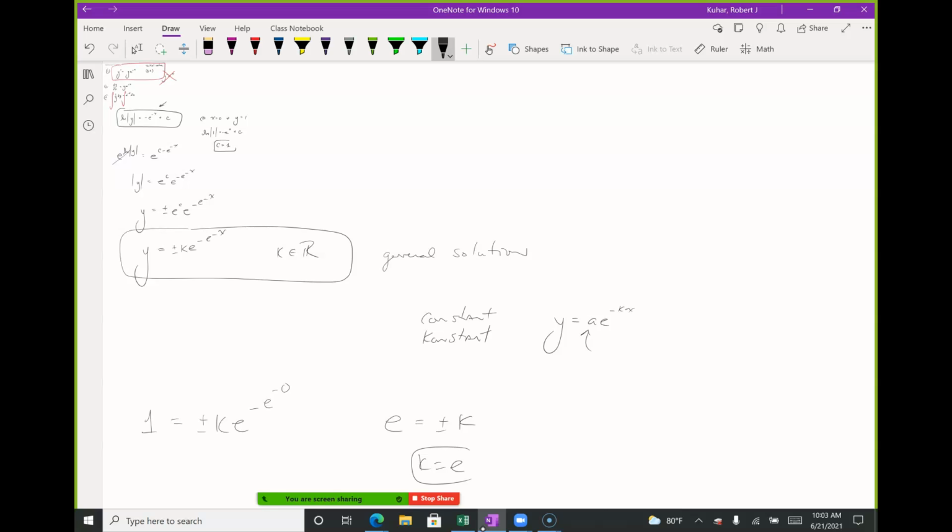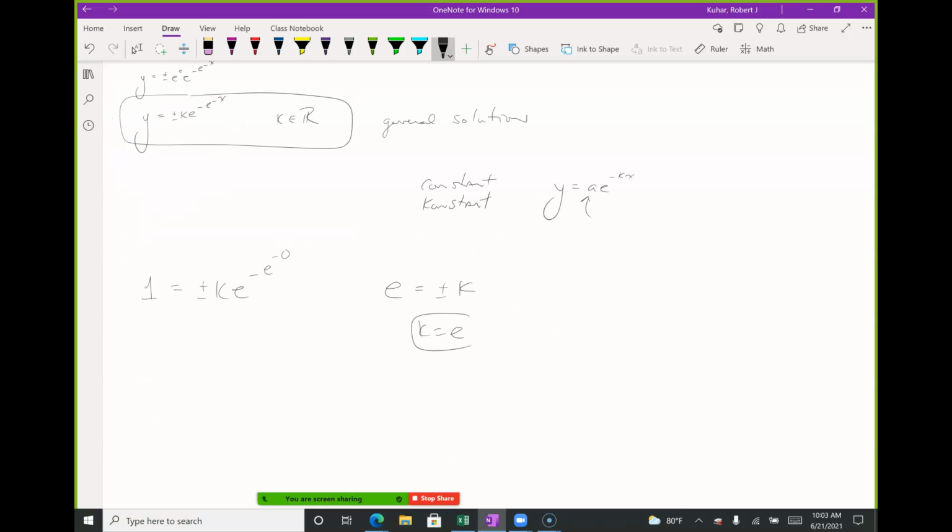The right side has to be positive. So our initial value solution now is y equals e times e to the negative x. What that looks like, I have no idea. I bet it's cool. It's probably cool or it's really ugly. It's usually what happens.